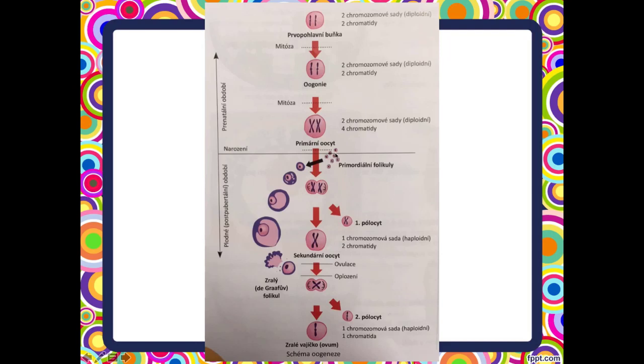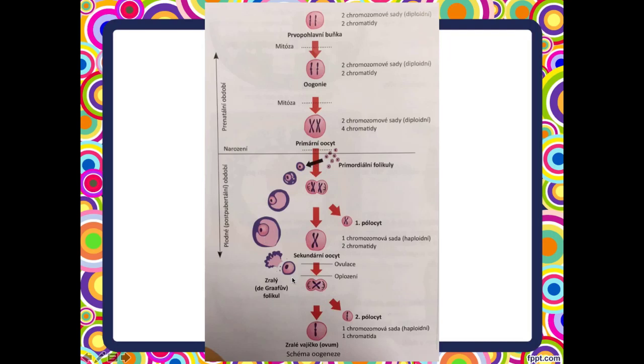So when you are looking at the primordial follicles, you can see those structures I've mentioned, one layer of follicular cells surrounding the primary oocyte. So this is the relation between the development or maturation of the oocyte and maturation of follicles.